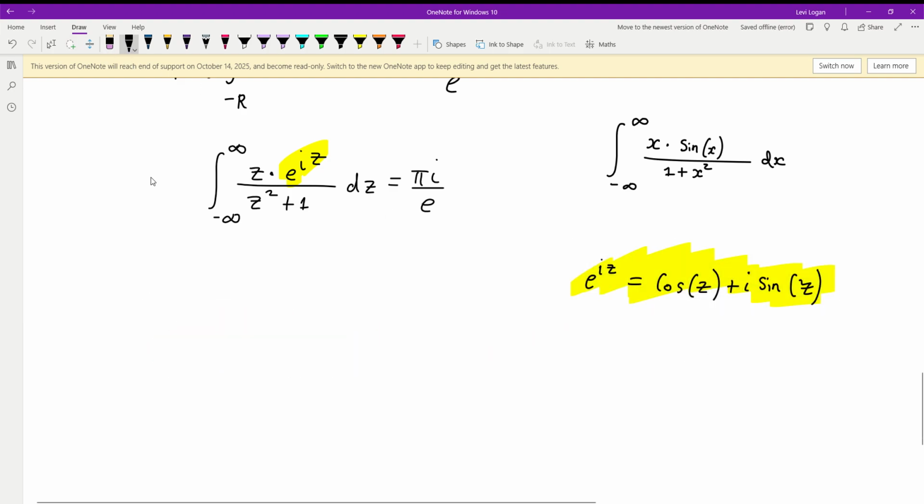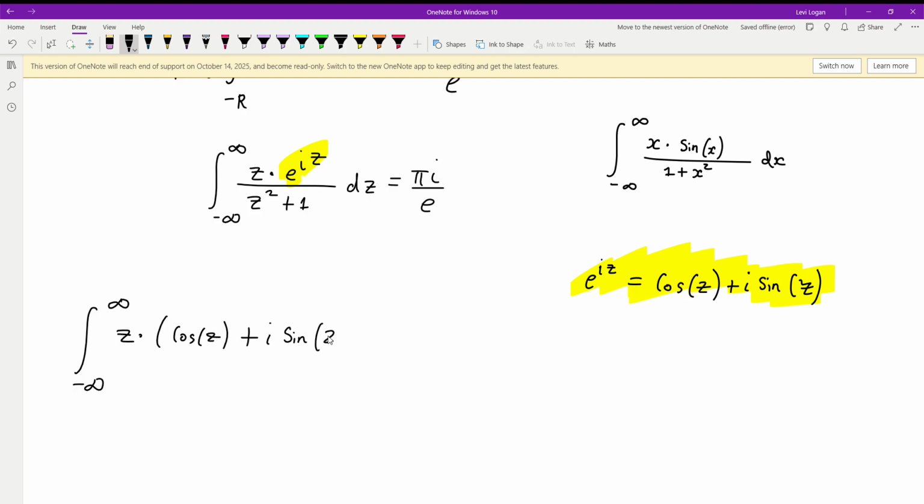We're actually going to get two, honestly. So we'll have this, negative infinity to infinity, z times cos z plus i sin z over z squared plus 1 dz equals pi i over e. So hopefully you can see what I've just done now.